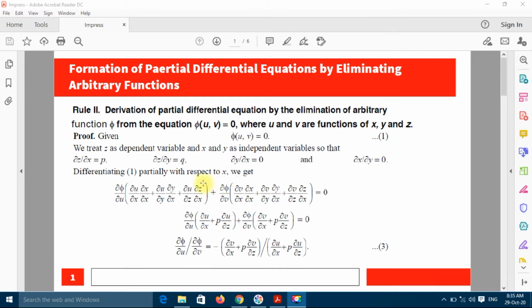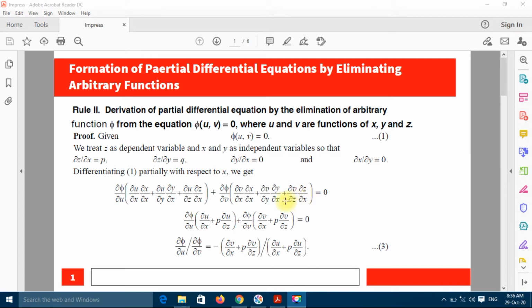Now differentiating equation 1, means phi(u, v) equal to 0, with respect to x partially, then we get del phi by del u into del u by del x into del x by del x plus del u by del y into del y by del x plus del u by del z into del z by del x, plus del phi by del v into del v by del x into del x by del x plus del v by del y into del y by del x plus del v by del z into del z by del x.